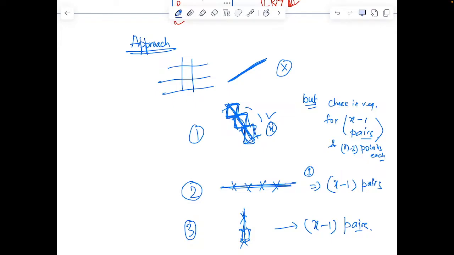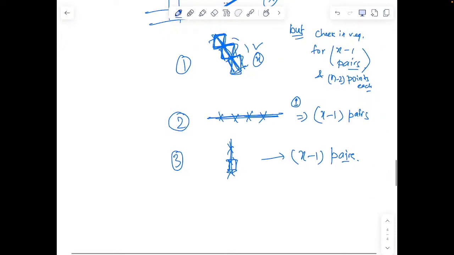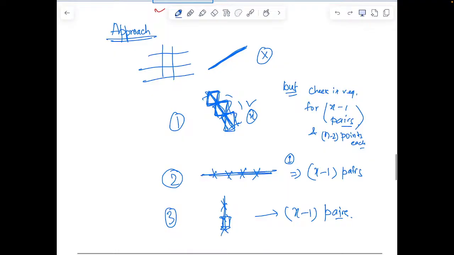Now let's check what the time complexity will be. First we find out such lines, such slopes. What is the difference between this slope and this slope?